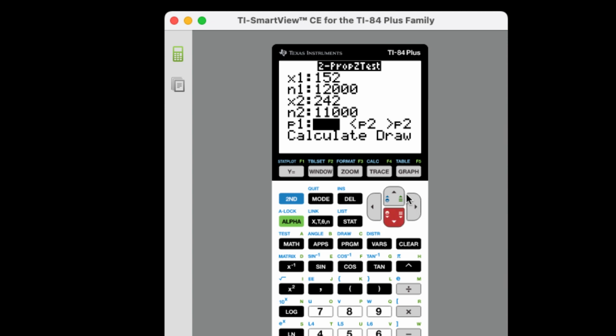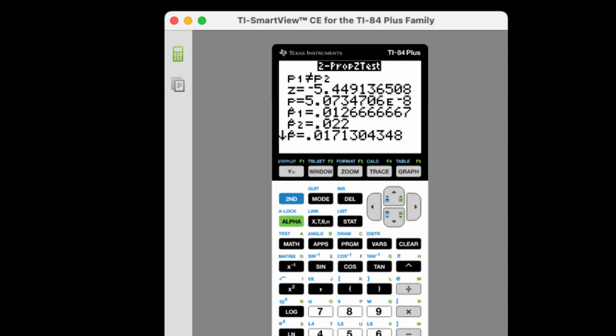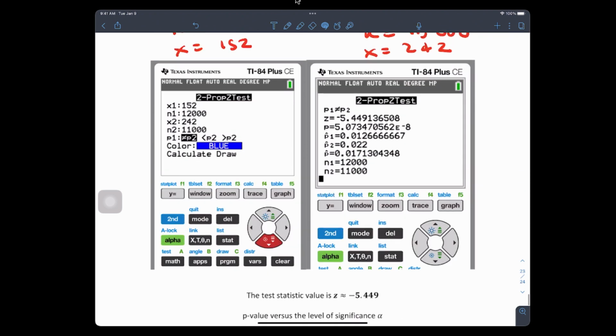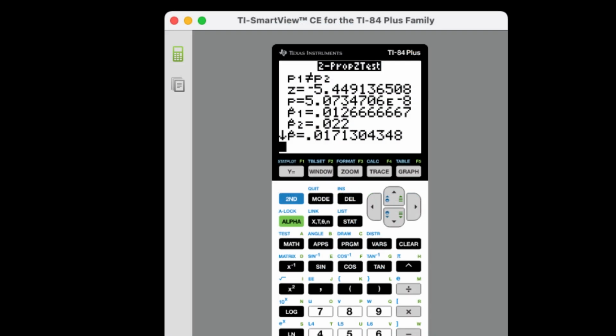Was it a two-tail? Anybody remember? It was two-tail? Okay. All right, so let's see. Let's double check. Did we get the same answers? -5.449. And yeah, I think we did. Okay, I think we did.